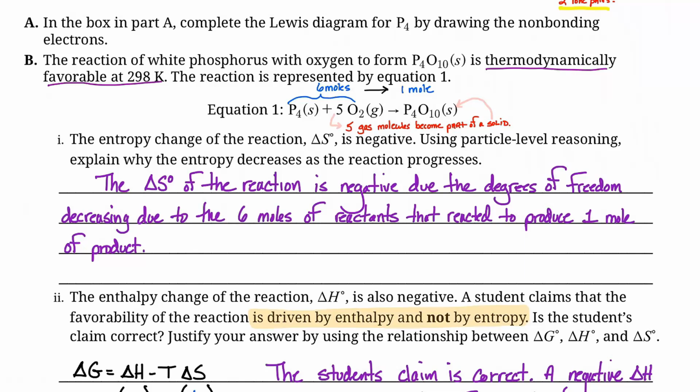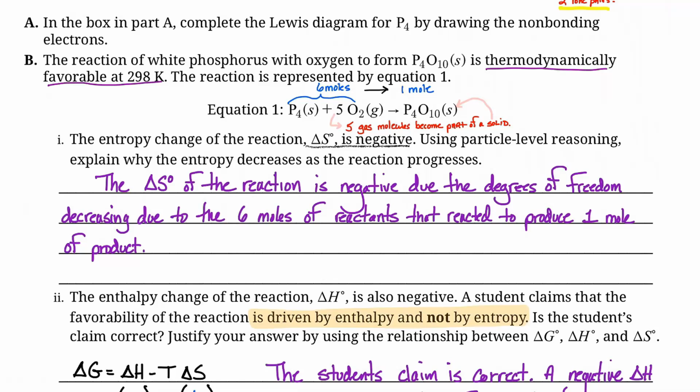But here they're just saying in B-I that the entropy change of the reaction is negative. That's also a very important piece here. So they're telling you it's negative. Another part of this FRQ where they're giving you the conclusion, and they want you to basically talk about why. Kind of an interesting FRQ this year.